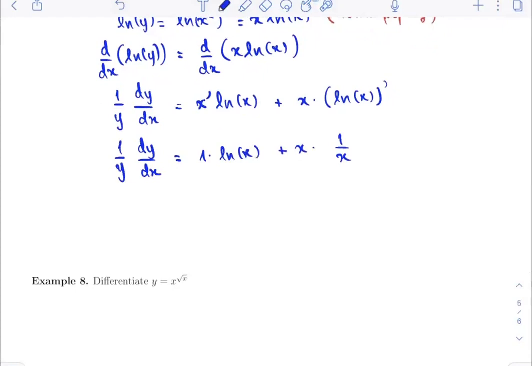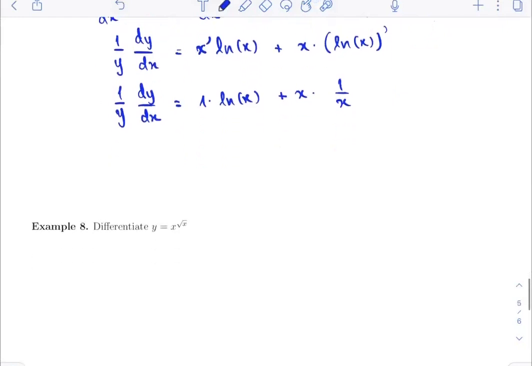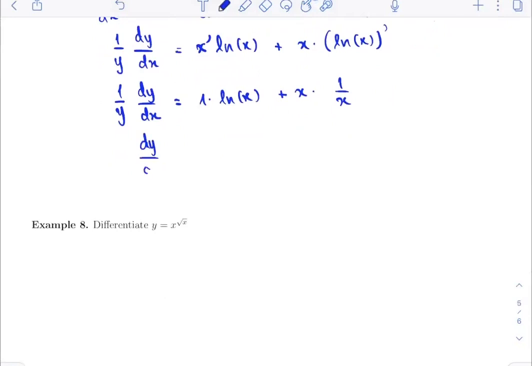The job now is to solve for dy/dx. I'm going to multiply both sides by y to obtain dy/dx equal to y times ln of x plus 1, because x simplifies with 1 over x to get 1.